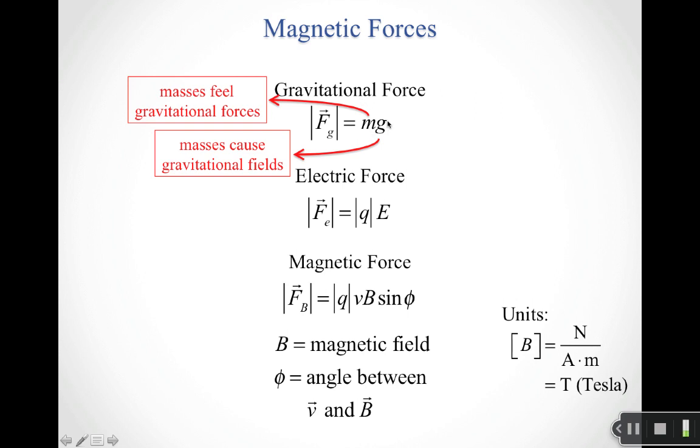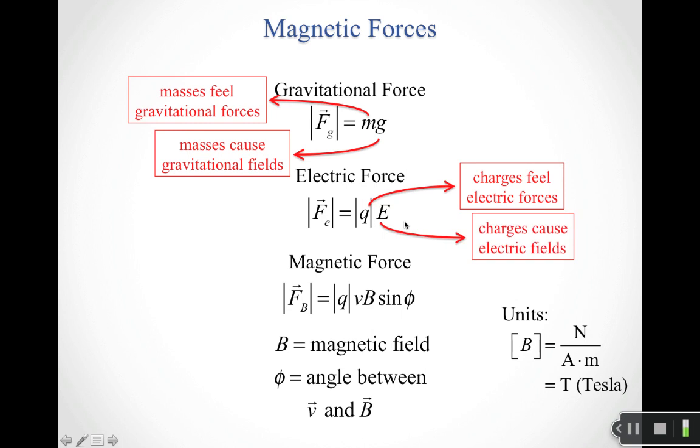One mass causes the gravitational field, the second mass you put into that gravitational field and it feels a gravitational force. The electric force, well, a charge is going to feel an electric force because charges also cause electric fields. So again, the interaction here is between two charges.